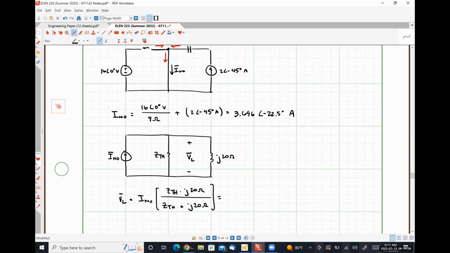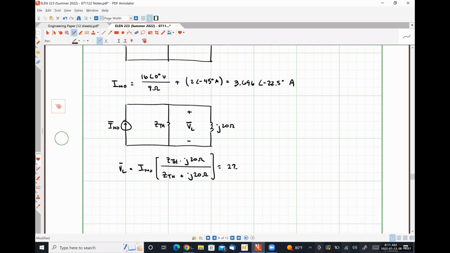So let's see, 8 times 27.450 with an angle of negative 0.699 degrees volts.